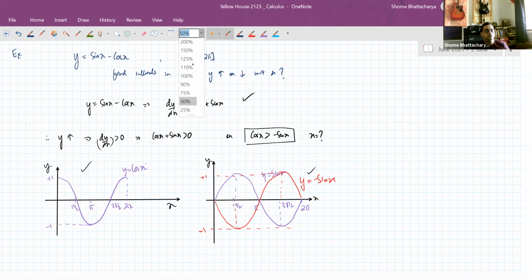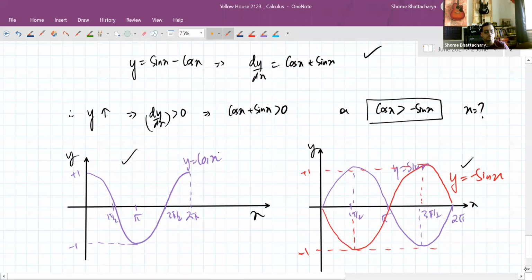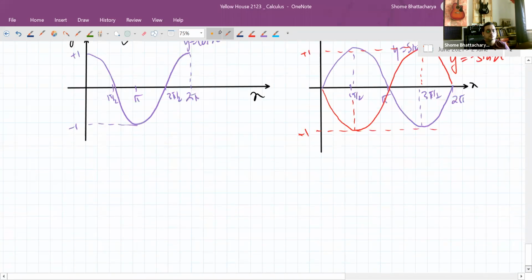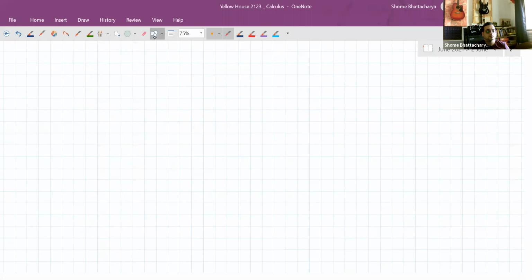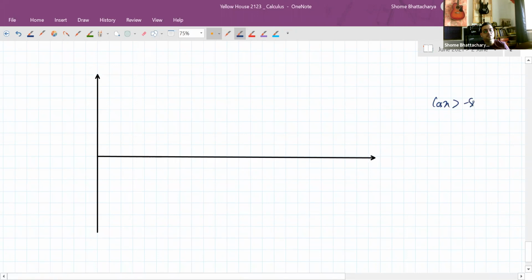So let me superimpose the two graphs in the same diagram. So I want to solve for the condition that cos x is greater than minus sin x. So I'll compare the two graphs of the functions y equal to cos x and y equal to minus sin x to get clarity on that.